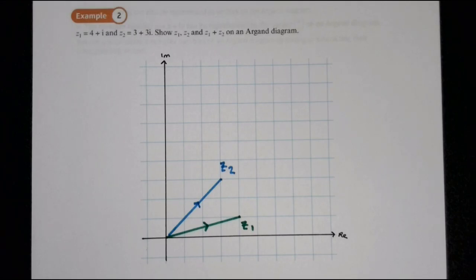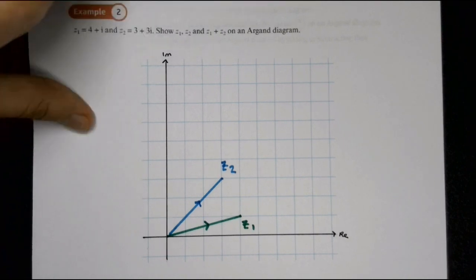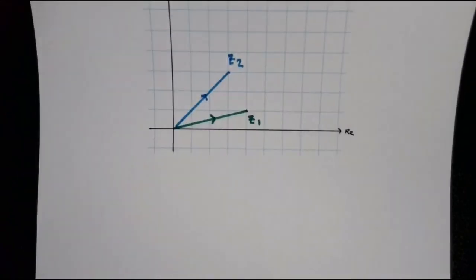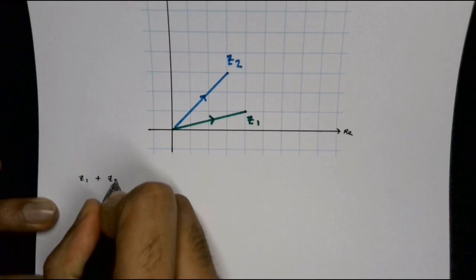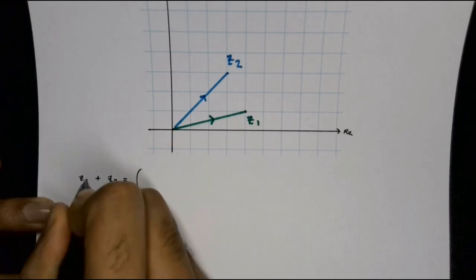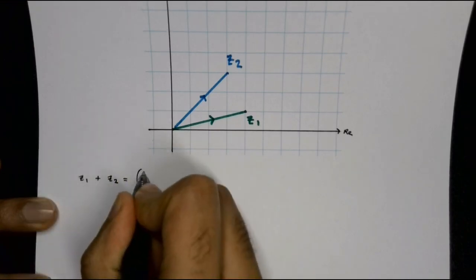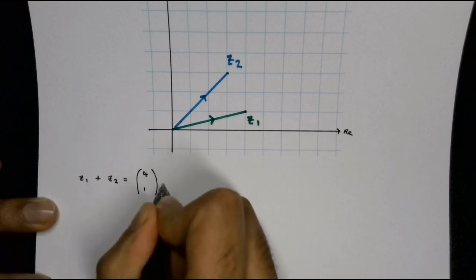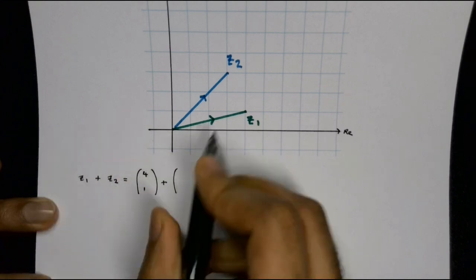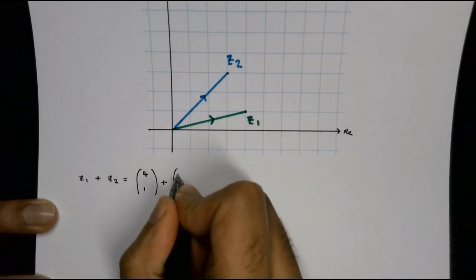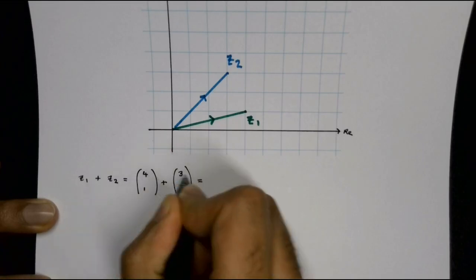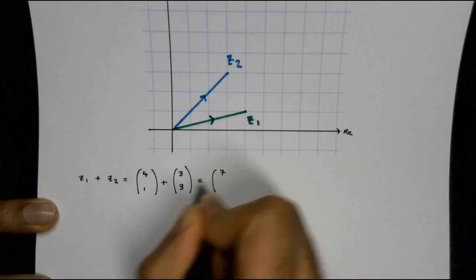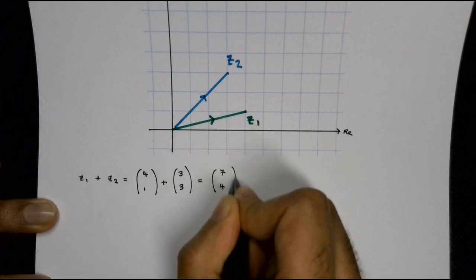So, using vector addition to find z1 plus z2, we have z1, so we have the vector (4, 1), plus z2, that's 3 plus 3i, so the vector is (3, 3), and adding these together, 4 plus 3, that's 7, 1 plus 3, that's 4.